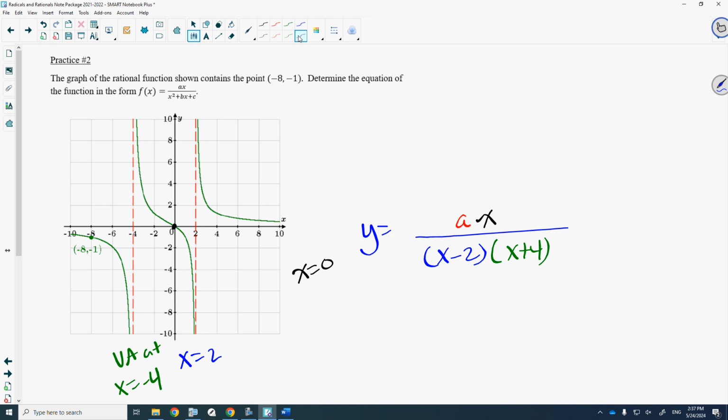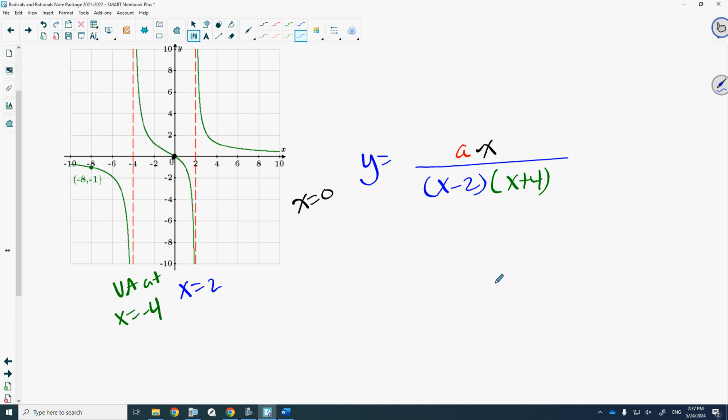In order to get the a value of the graph, we need a point. So this is the point that they want us to use. Negative 1 is equal to negative 8a. Negative 8 minus 2 will be negative 10. Negative 8 plus 4 will be negative 4.